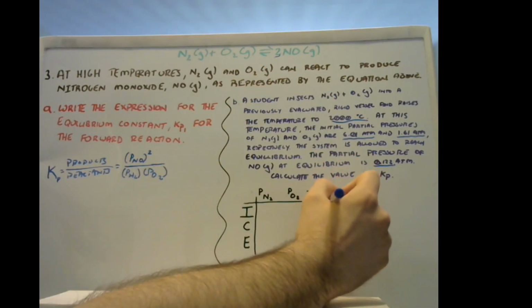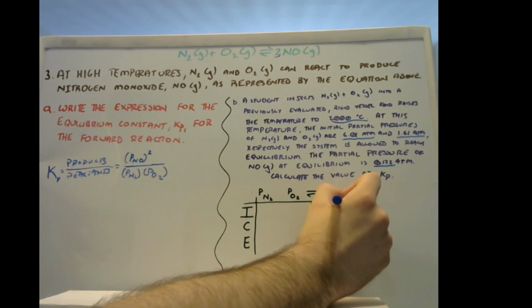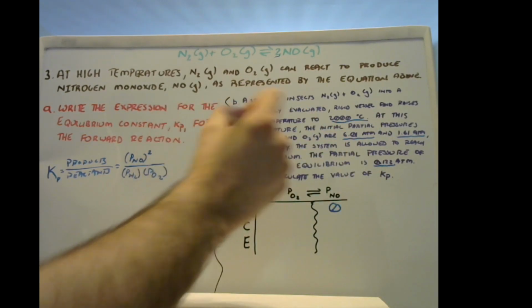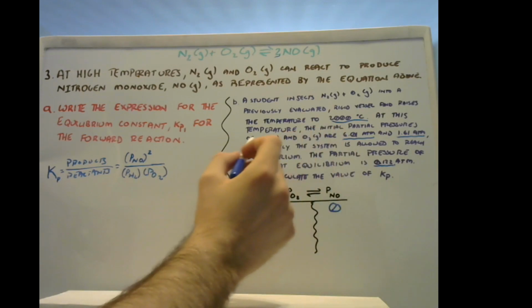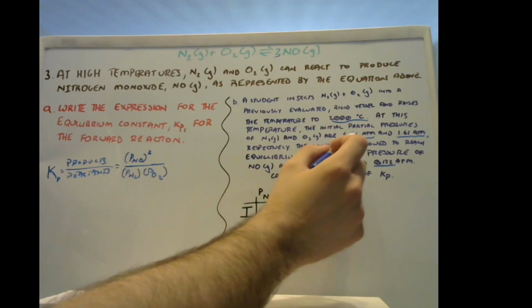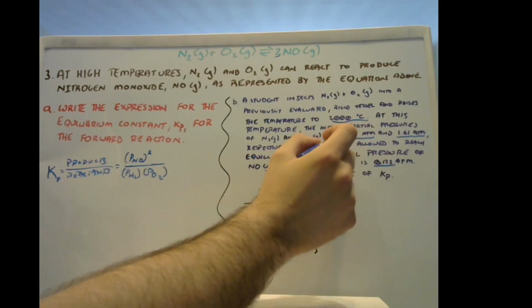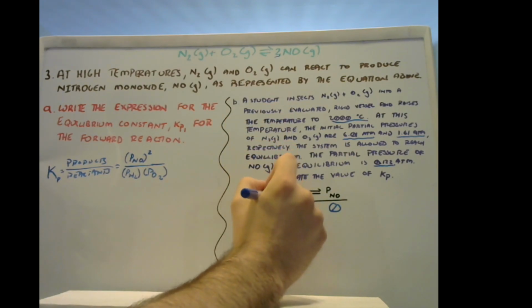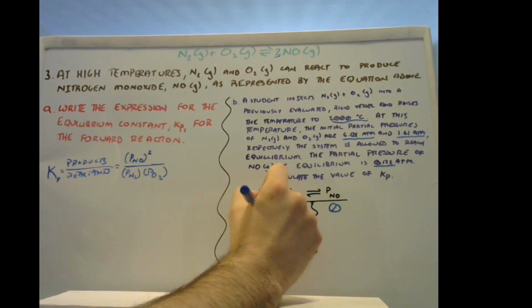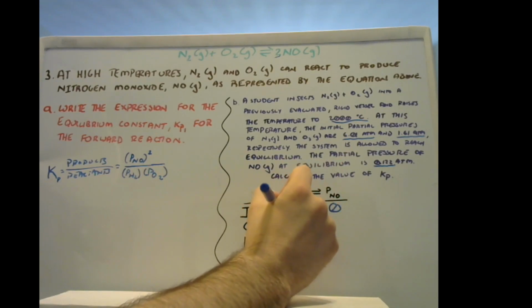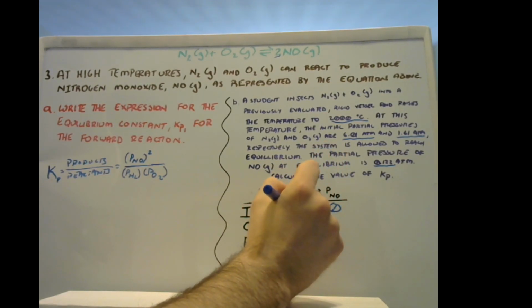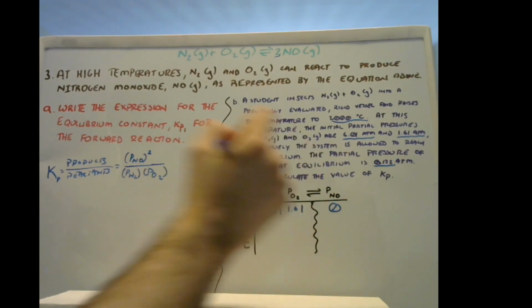There's no mention of NO, so that's got to be 0. The initial partial pressures of N2 and O2 are 6.01 and 1.61 respectively. So 6.01 goes with the N2, and the O2 is 1.61.